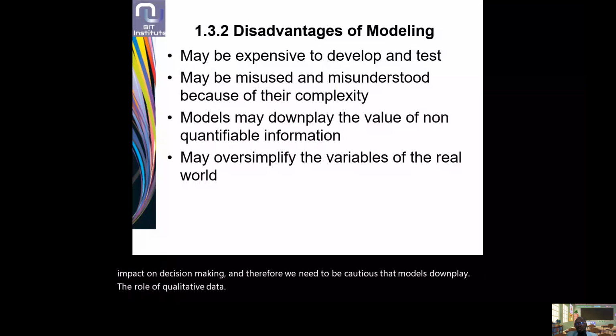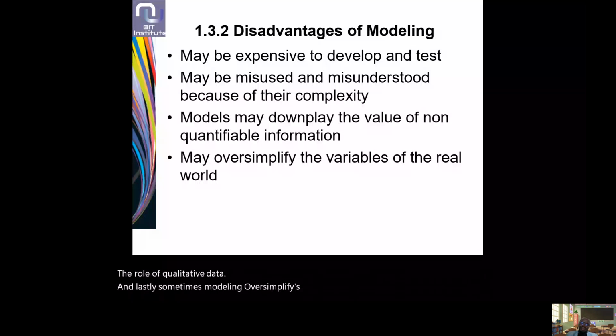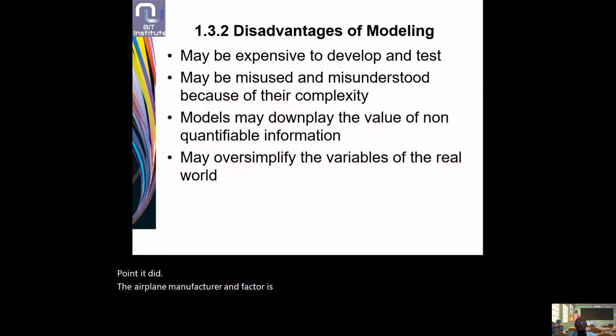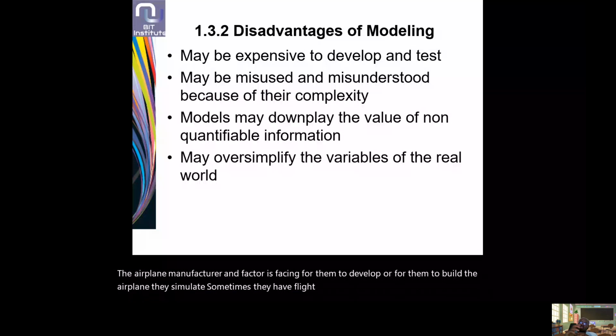And lastly, sometimes modeling oversimplifies the variables of the real world. If you look at some of the challenges that Boeing, the airplane manufacturer, is facing, for them to build the airplane, they simulate. Sometimes they have flight simulators to simulate the behavior of the airplane in the air.